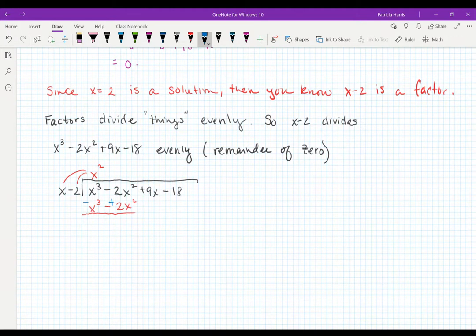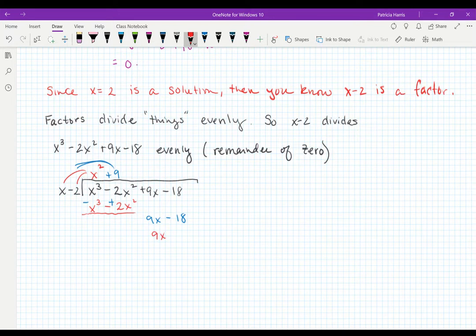Now remember from elementary school, when you divide and bring your stuff down, you actually subtract. So we're going to see a sign change. So that is 0, that is 0. We bring down the 9x and the 18. Then you ask yourself, what do I need to multiply x by to make a 9x?